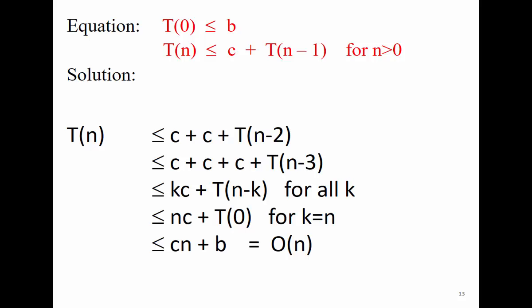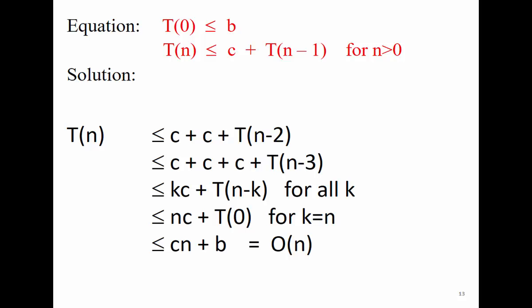So we do the iterative approach. In the iterative approach, we expand the recurrence relation and substitute it inside itself. You can see here the time complexity for n minus 1 is equal to c plus the time complexity for n minus 2. N minus 2 is equal to c plus the time complexity for n minus 3. Keep substituting until you see the pattern.